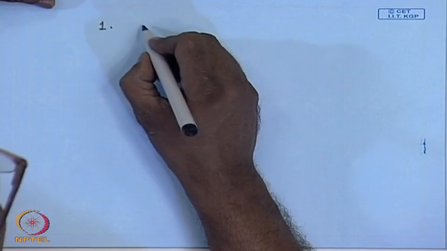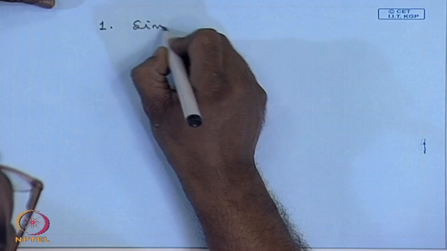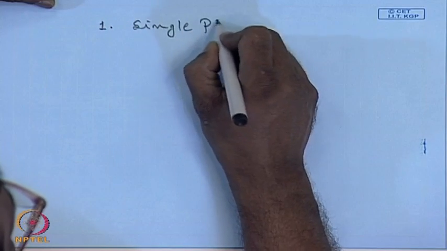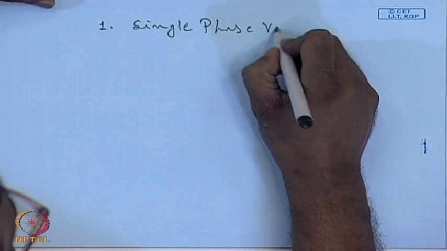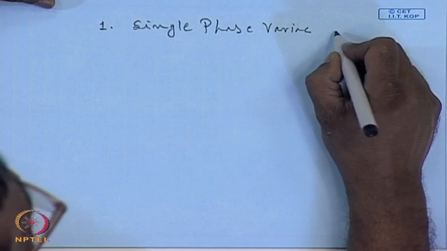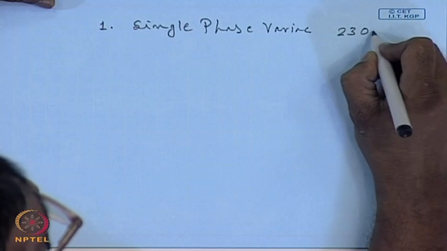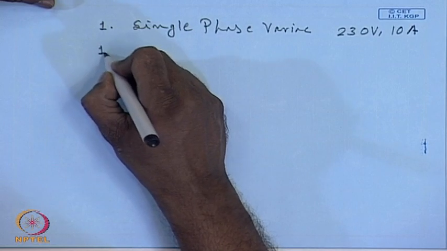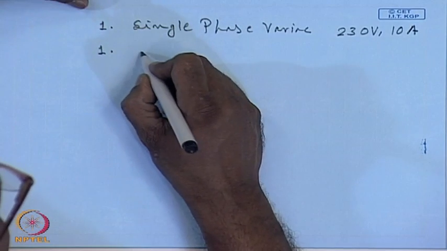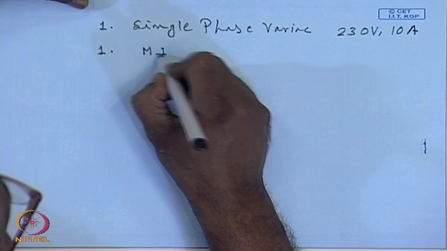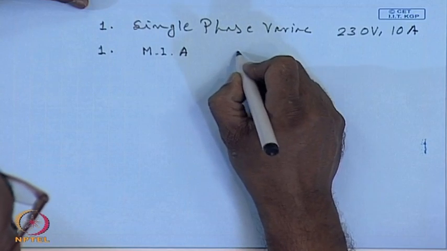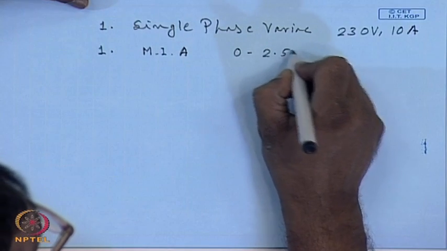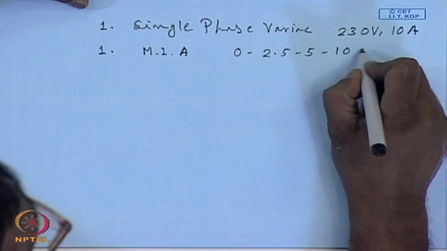One is a single phase variac, 230 volt, 10 ampere. Then the ammeter: 0, 2.5, 5, 10 ampere.